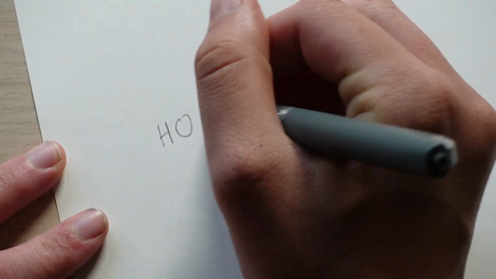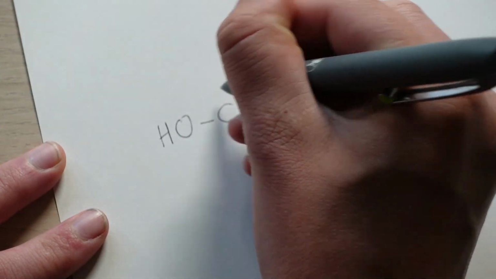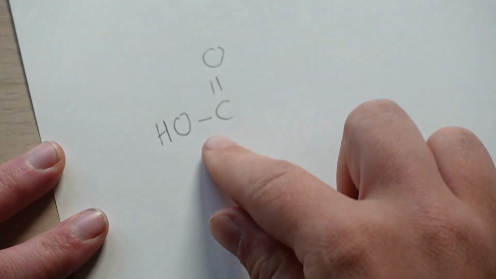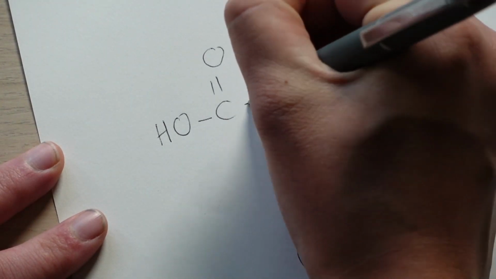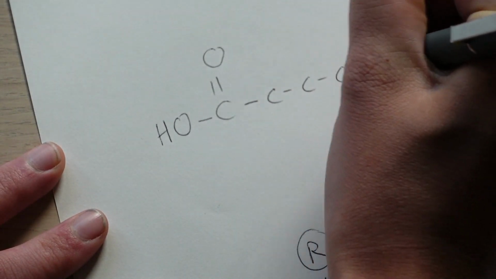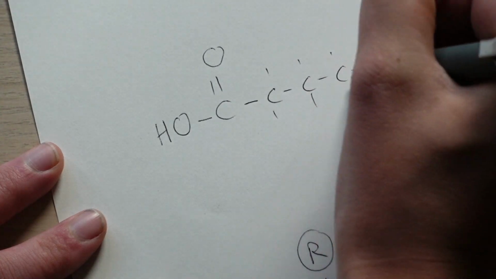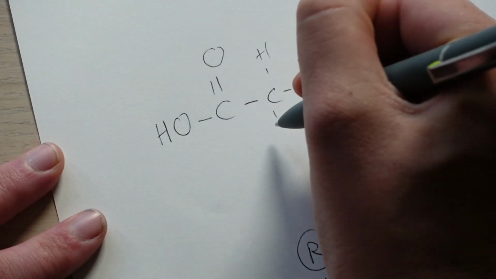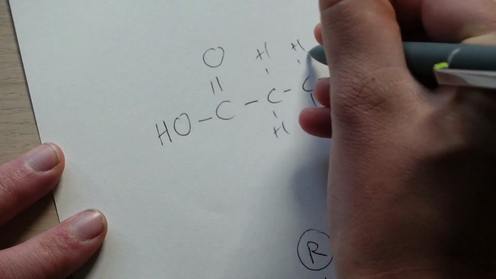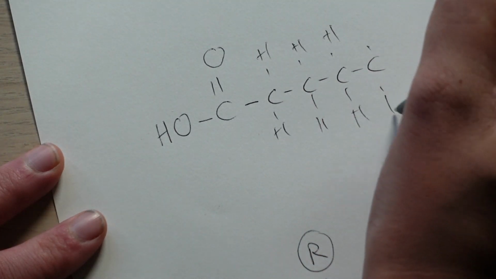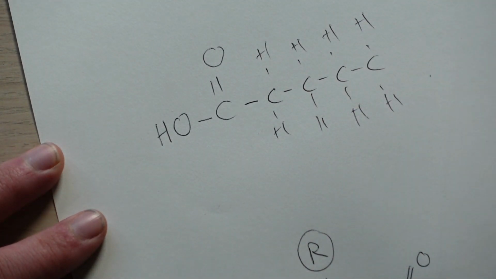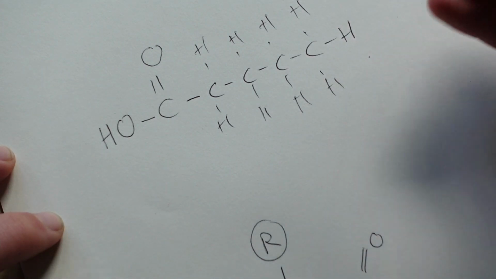This is a saturated fatty acid. This is a carboxylic acid group, as seen before. And this carbon chain that I'm drawing now can be forever long, so I'm just going to draw a short one.